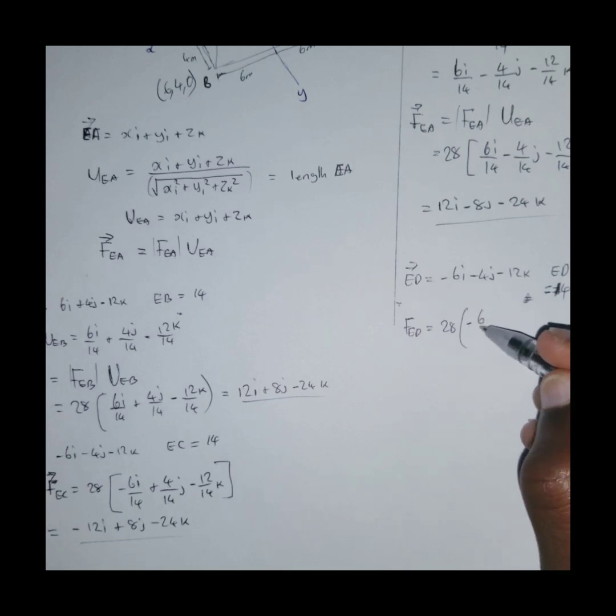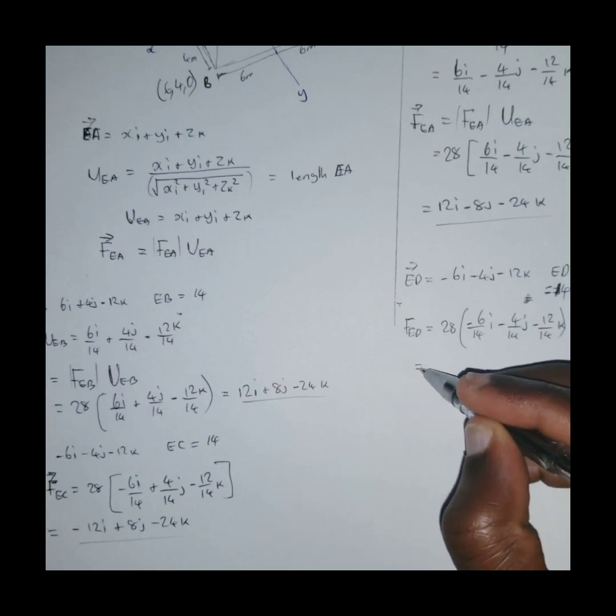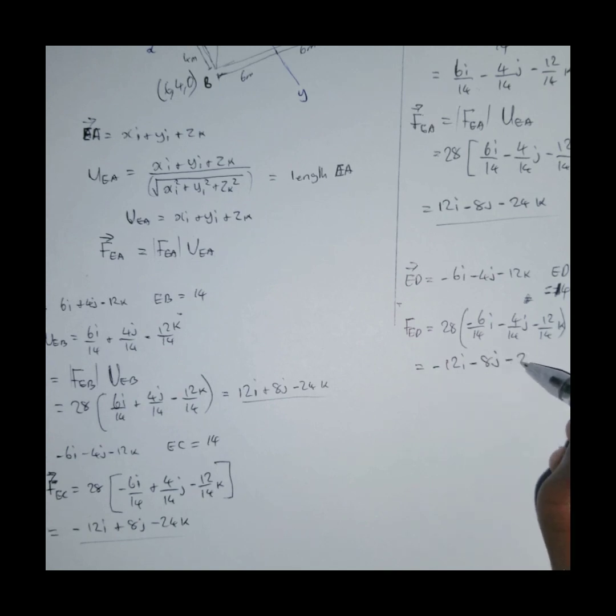The unit vector would be negative 6i over 14 minus 4 over 14j minus 12 over 14k. There. This works out to be negative 12i minus 8j minus 24k.